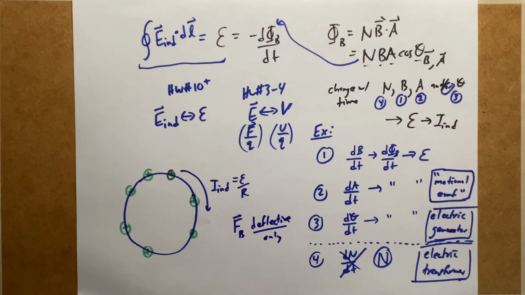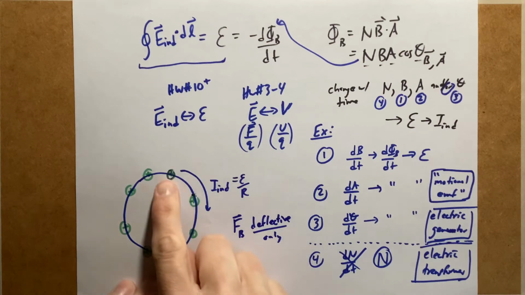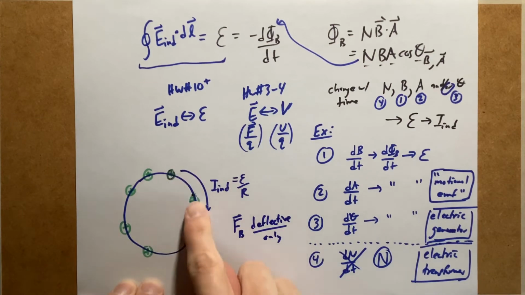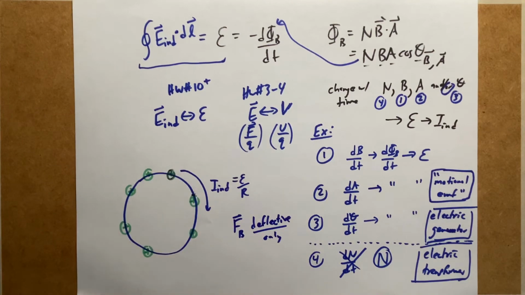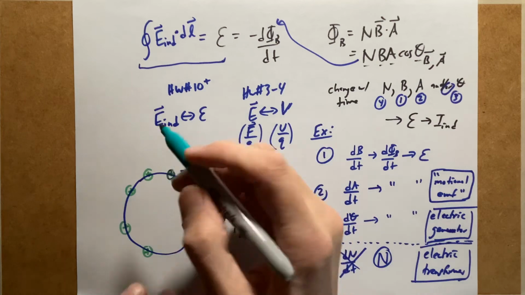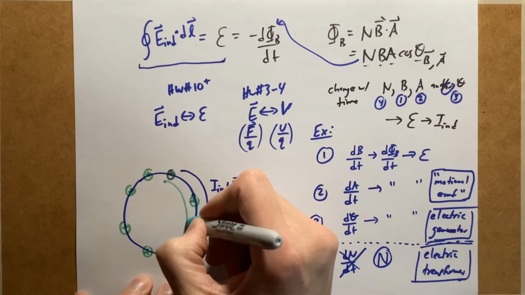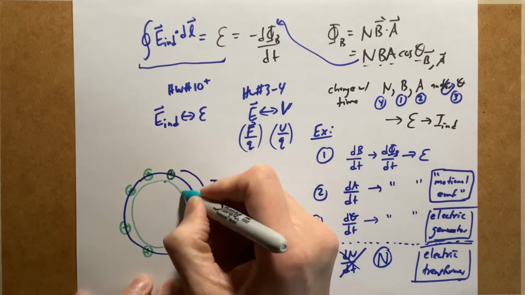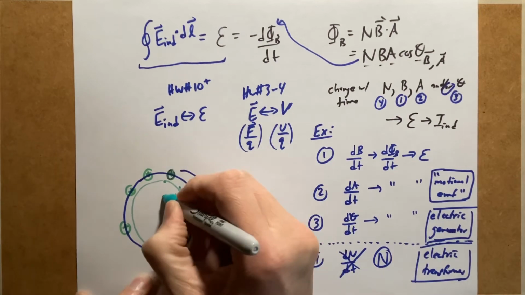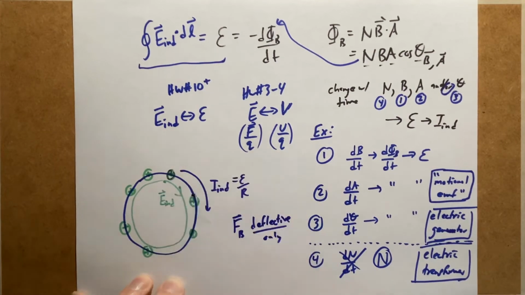We also know, all the way back from homework 1, that positive charges, if they start from rest and start moving in a particular direction, follow the direction of the electric field. So what that must mean is that the electric field is pointed this way. That's the E induced.